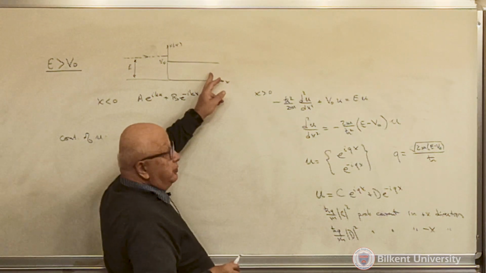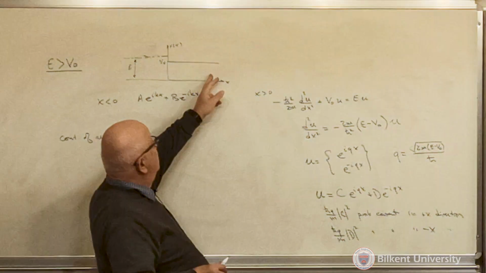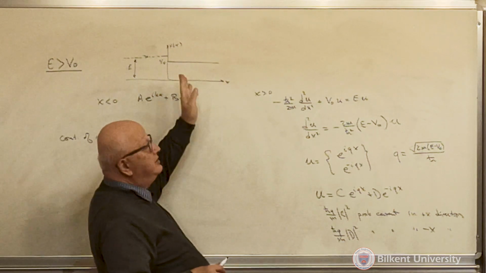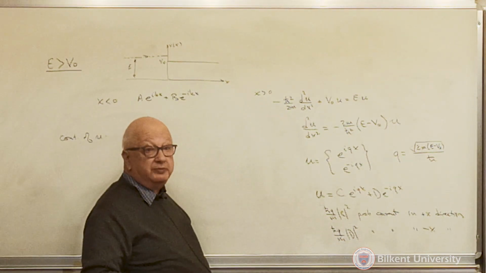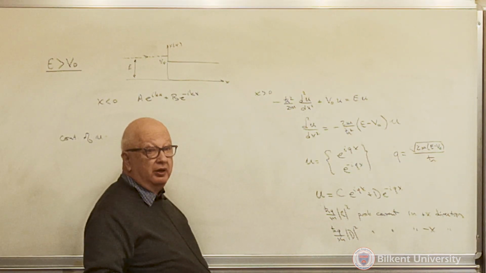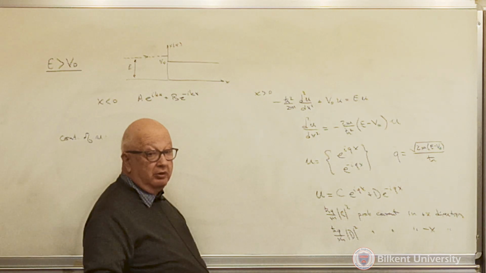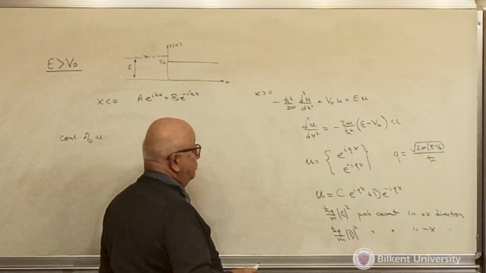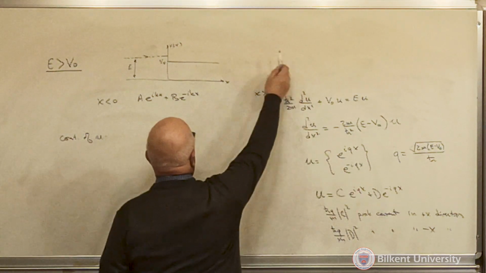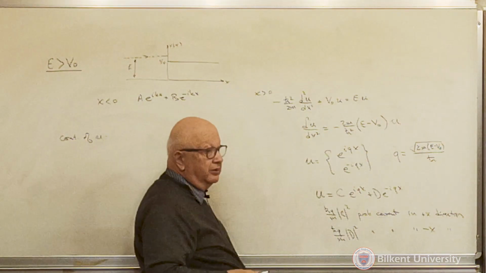But what would that correspond to? What would probability flow in the minus x direction correspond to on the right-hand side? Like nothing here, because it would correspond to a particle that was sent from the right-hand side.